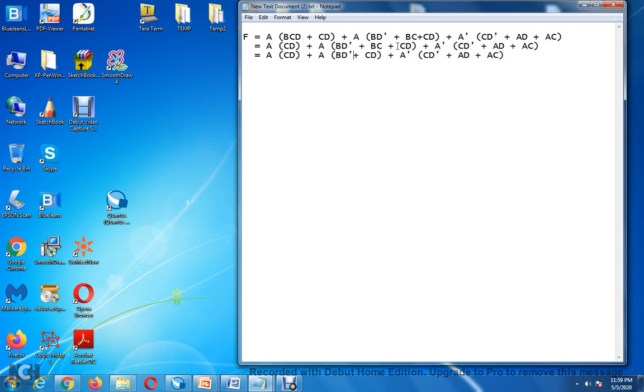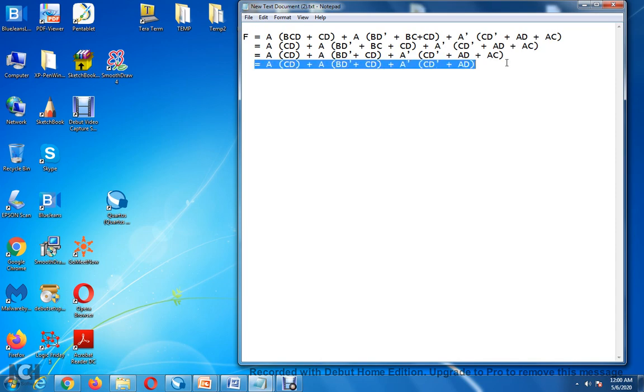There's another consensus over here based on the D and the D prime. The consensus term is AC, and this gets eliminated. I said the consensus term was AC.